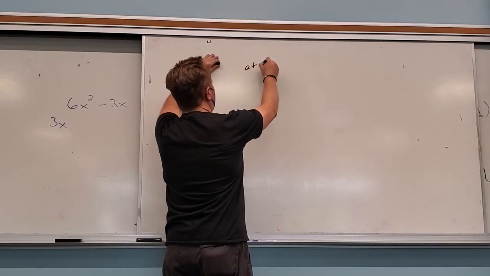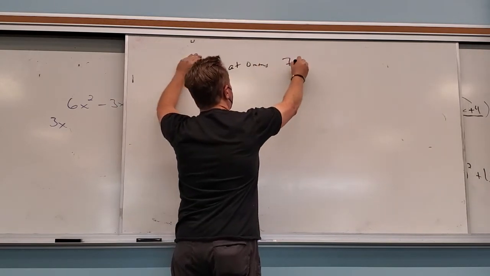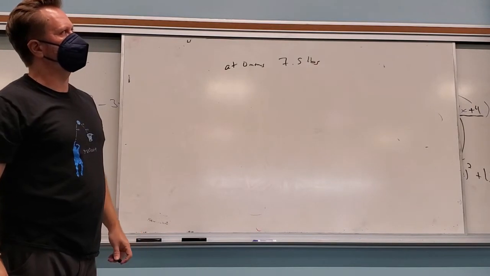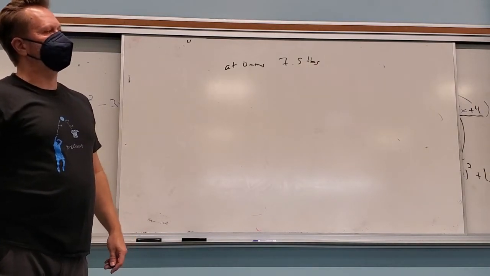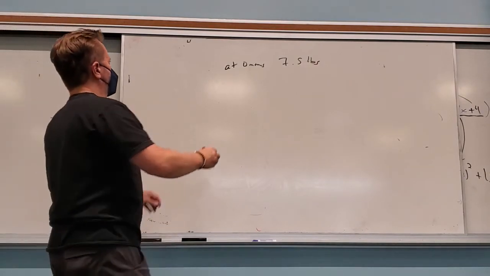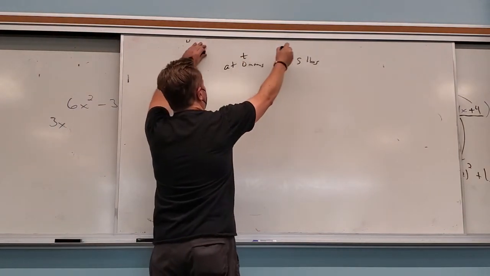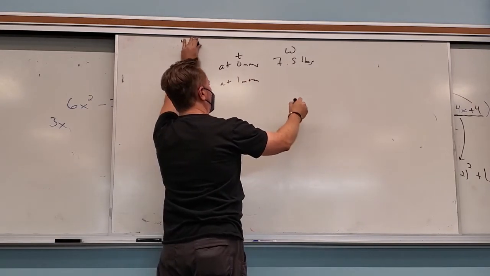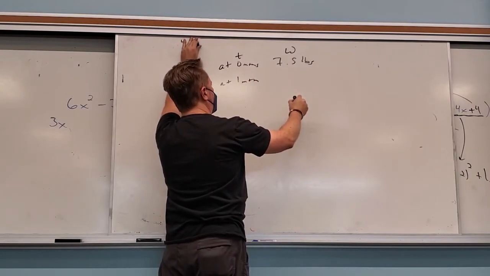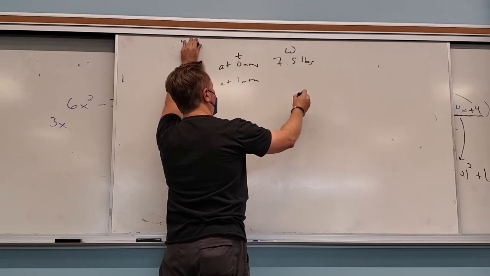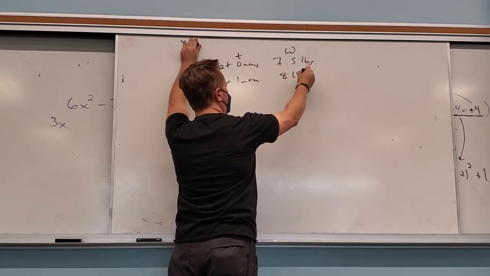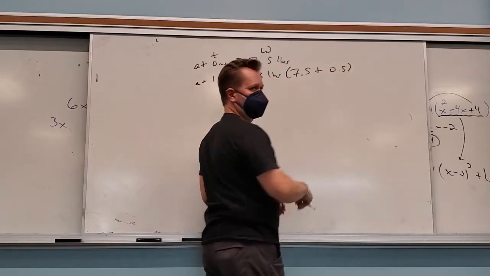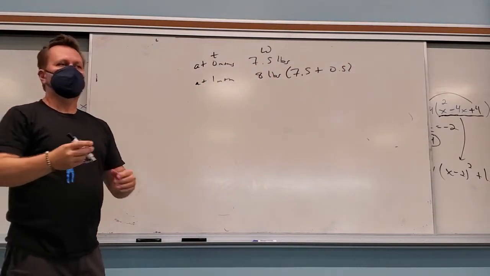At 0 months, it was just born, 7.5 pounds. A month later, all right, so this is T, this is W. 1 month later, how much will it weigh? Yeah, 8 pounds, right? So it'll be 7.5 plus 0.5, right? Okay, 2 months.